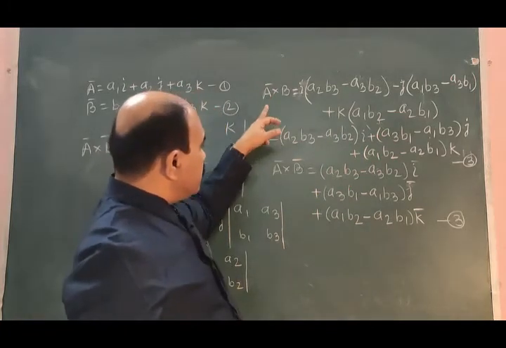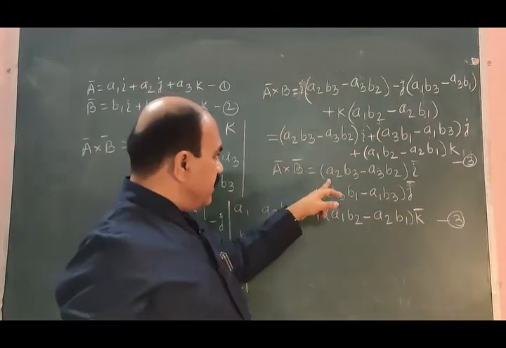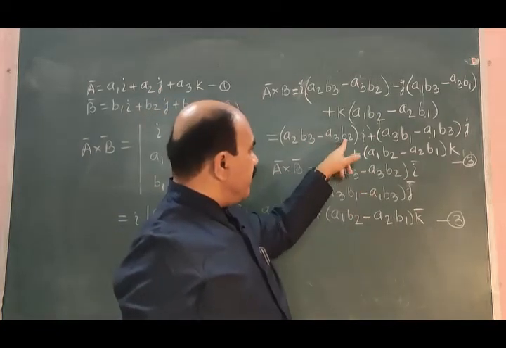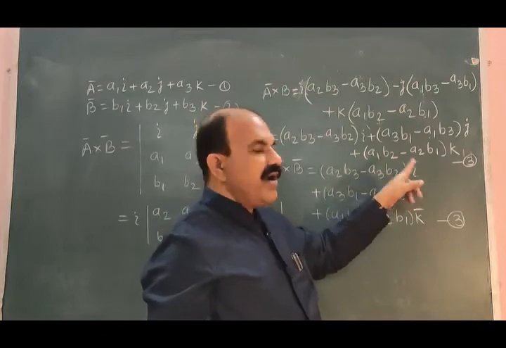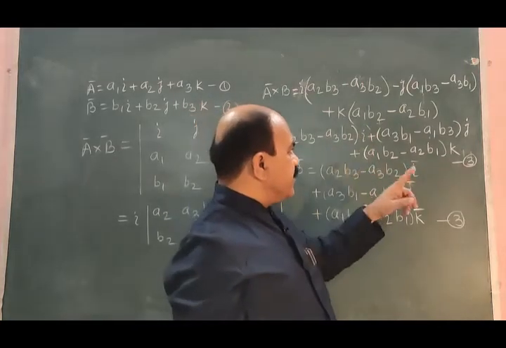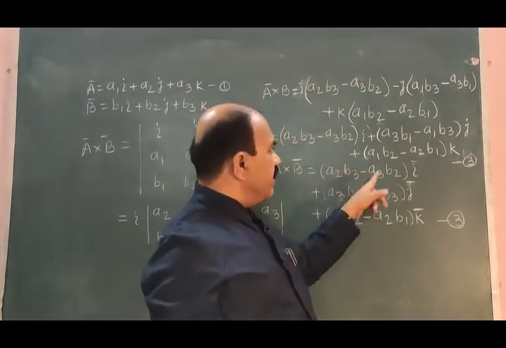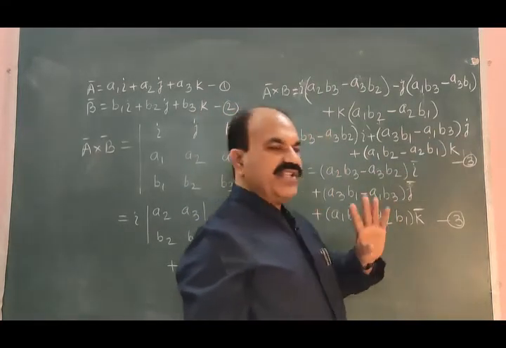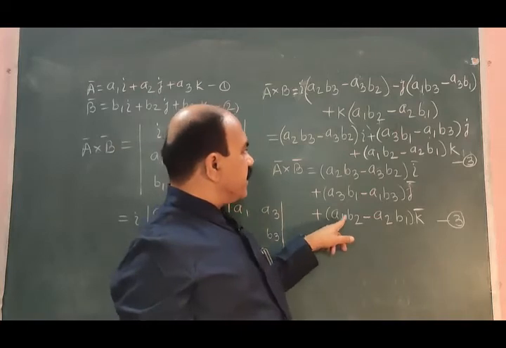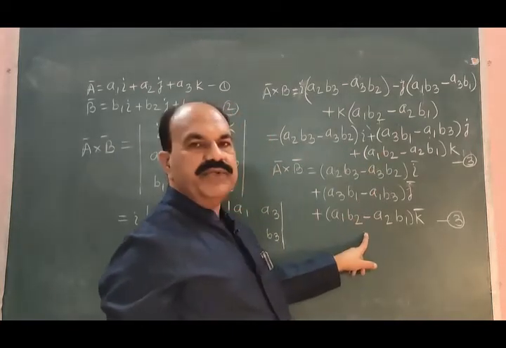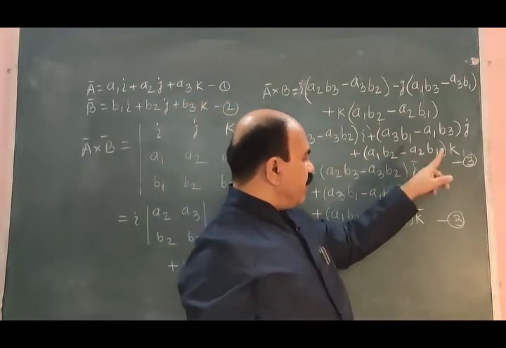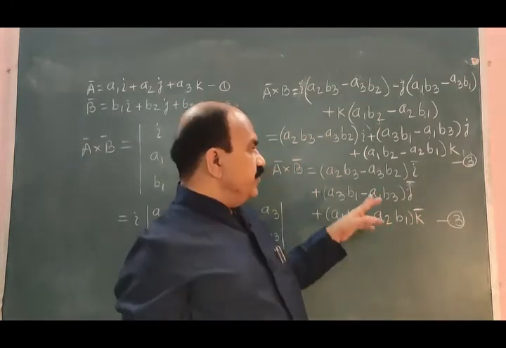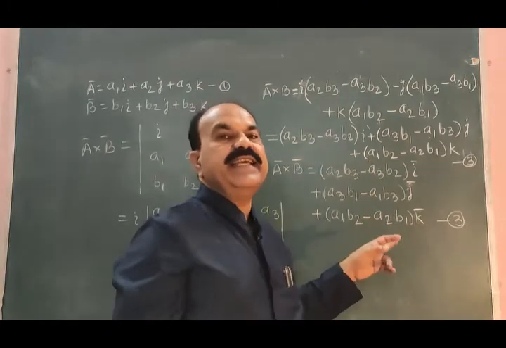This is A cross B, this is A cross B: A2 B3 minus A3 B2 i plus A3 B1 minus A1 B3 j plus A1 B2 minus A2 B1 k. We obtained the same equation.